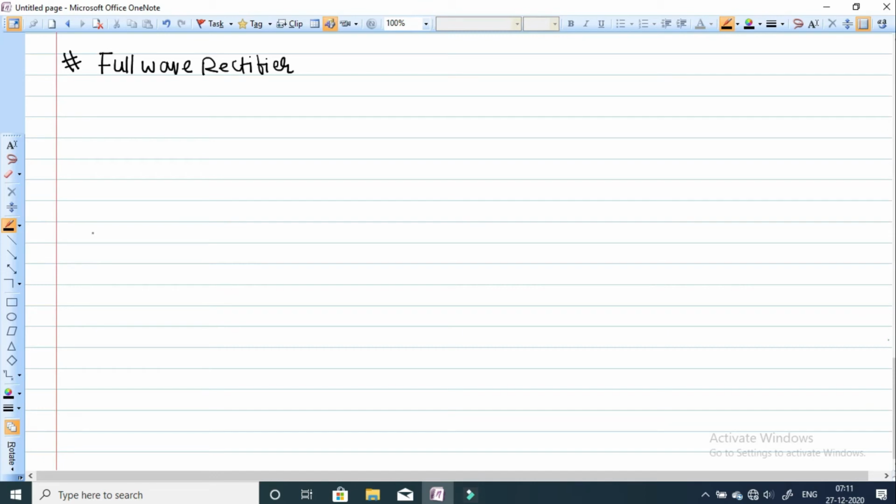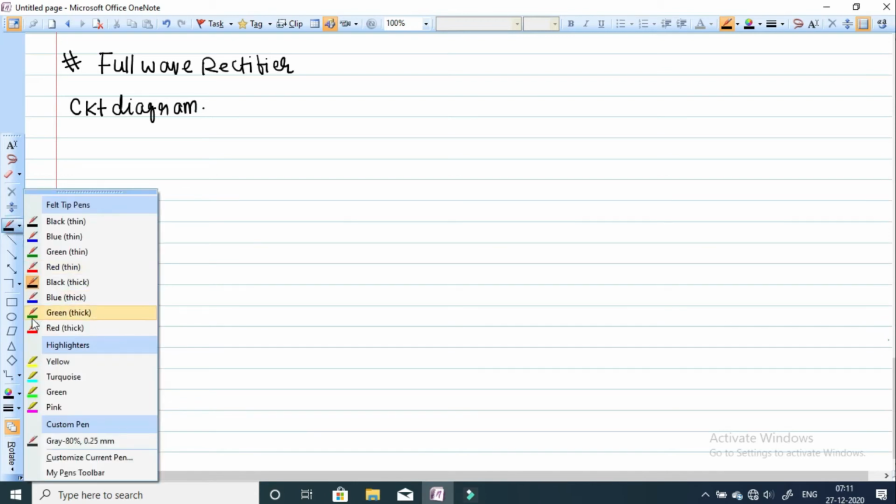So directly I am coming to the circuit diagram. Circuit diagram we will see first. So this is the circuit diagram we are going to draw.